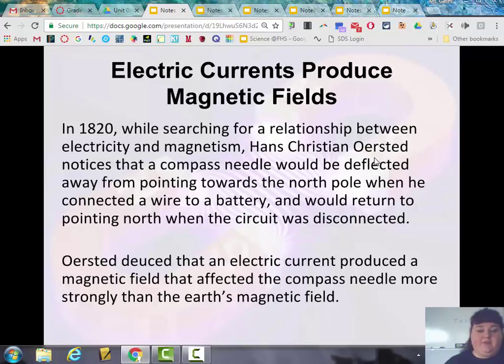It would point away from the North Pole when he connected the wire to the battery in a certain way, and then when he disconnected it, the needle went back to its original position. So he deduced because of this that electric current traveling through a piece of wire actually produces a magnetic field. And he could observe that in the compass needle.